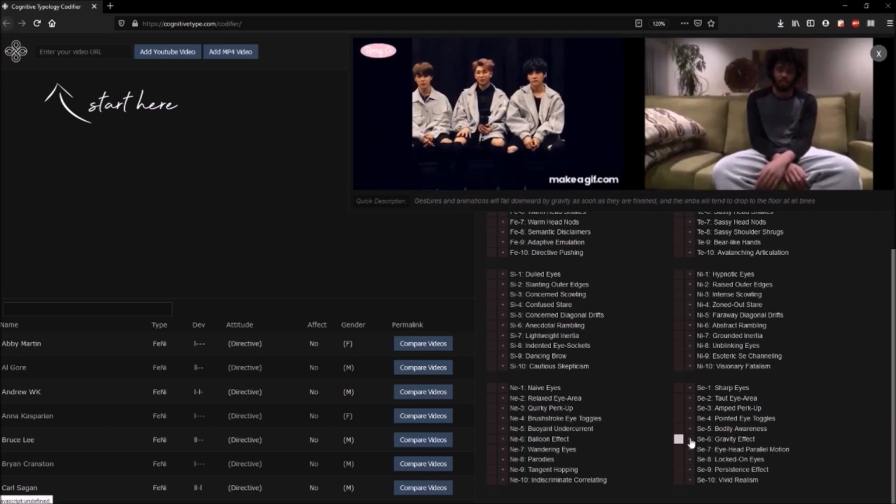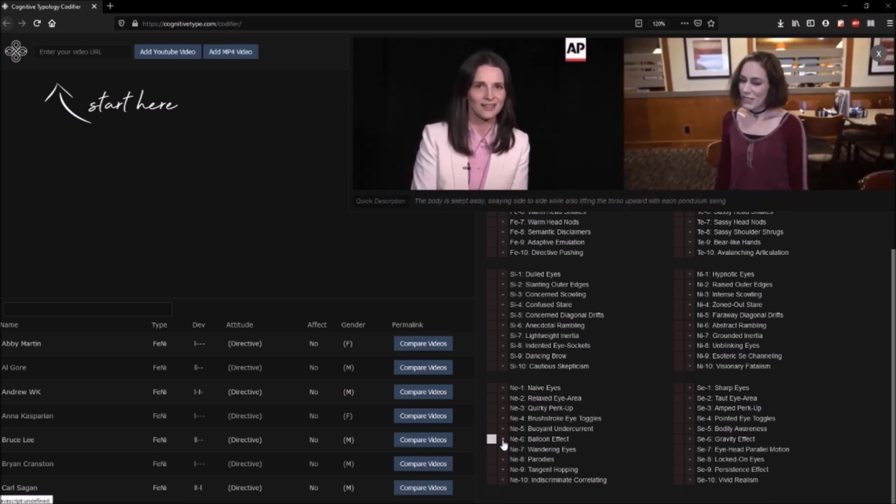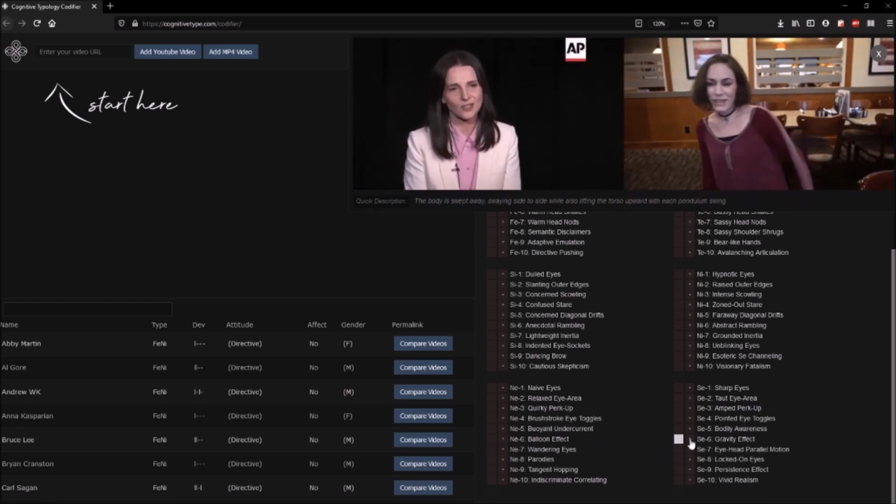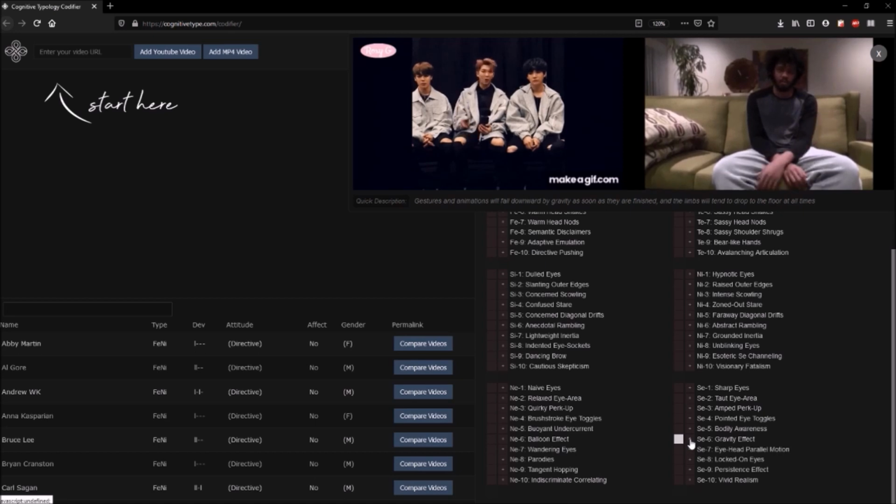And then there's SE6, which is the gravity effect. This is in direct opposition to the balloon effect, which is the levity, which has an upward lift. SE6 has gravity. So the gravity effect is defined as gestures and animations will fall down by gravity as soon as they are finished. So for example, here, you see how that fell very seamlessly. Here also, the hand just kind of slips down.